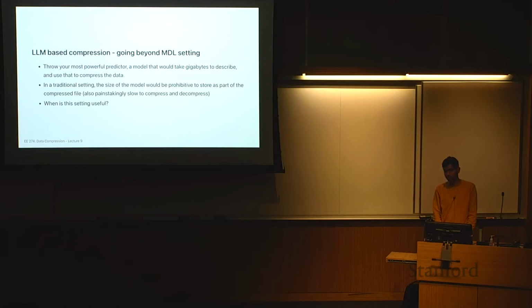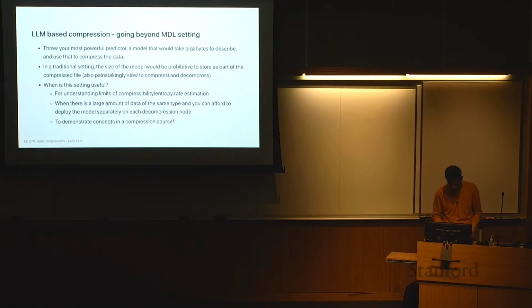We said we need to store the model as part of the compressed file. But do we? Maybe we don't, right? Maybe there is a world where everybody has GPT-4 on their mobile or on their laptop or whatever, and everybody assumes that everybody else has that huge model on their machine and everybody uses that single model to compress things and send it to each other. So there are settings, right?